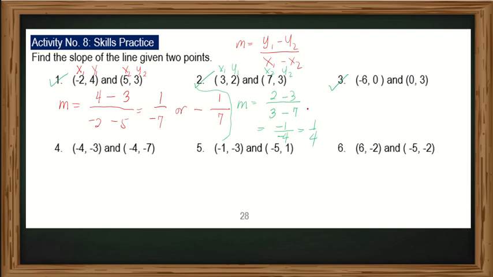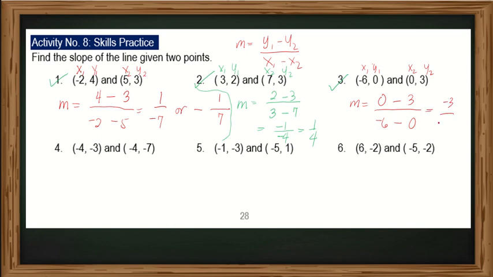Next, for item number 3, we have the slope is equal to, this is our x sub 1, y sub 1, x sub 2, y sub 2. Our y sub 1 is 0 minus our y sub 2 is 3. X sub 1 is negative 6 minus our x sub 2, 0. So therefore, our slope now is 0 minus 3 is negative 3.